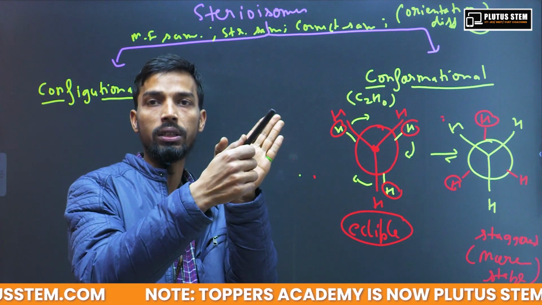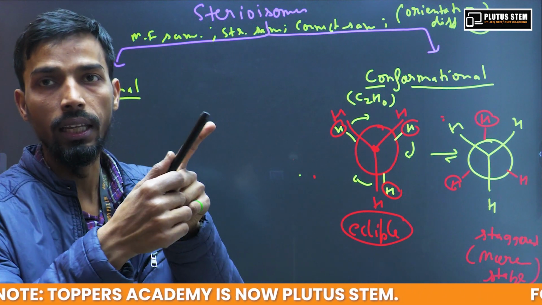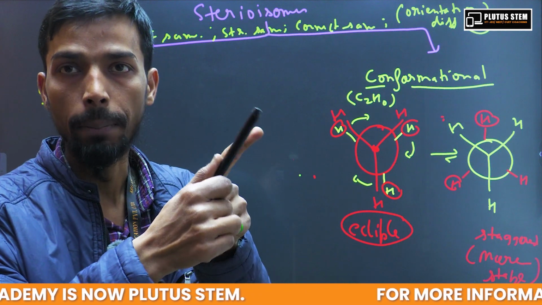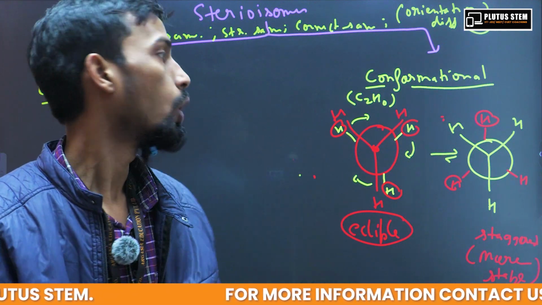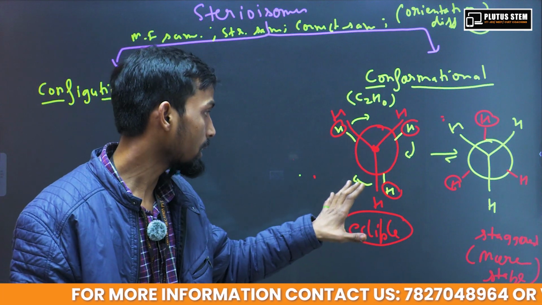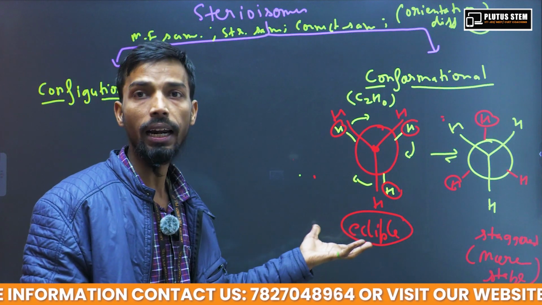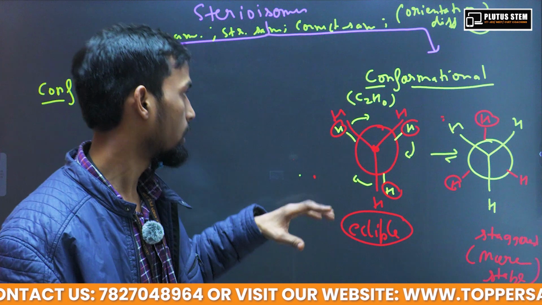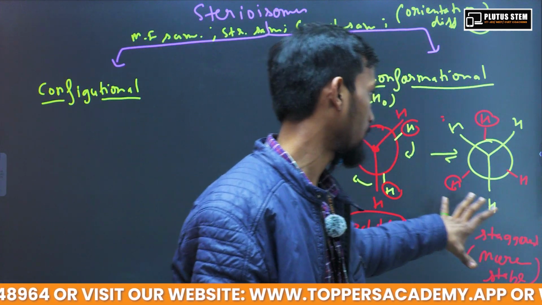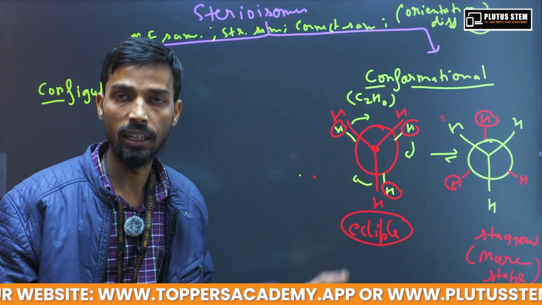Both the below hydrogen and the upper hydrogen are in the same plane, but after this rotation, they are like this. So you can see that the staggered is the more stable conformation and the eclipsed is the less stable conformation.